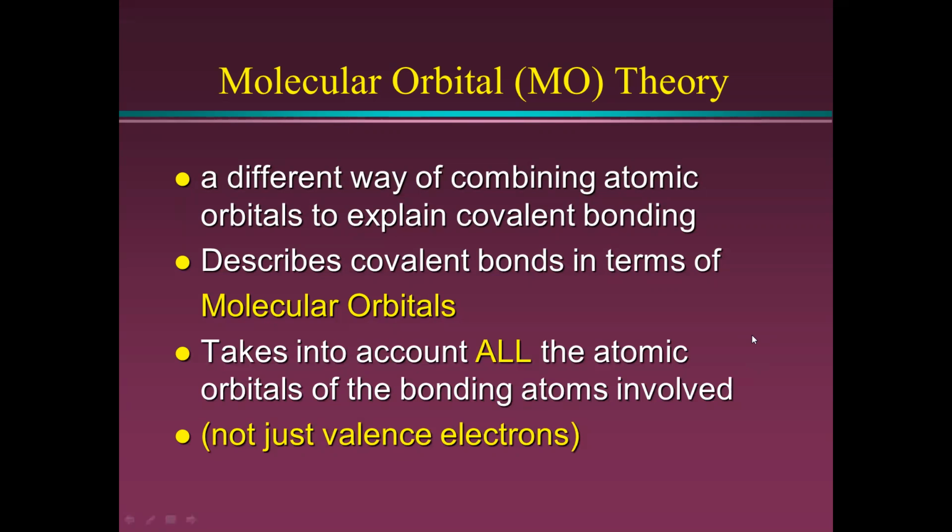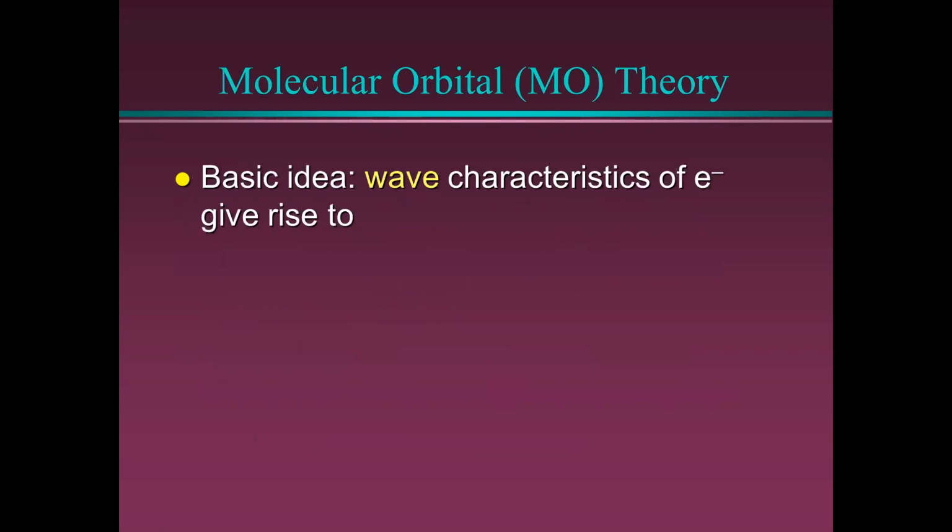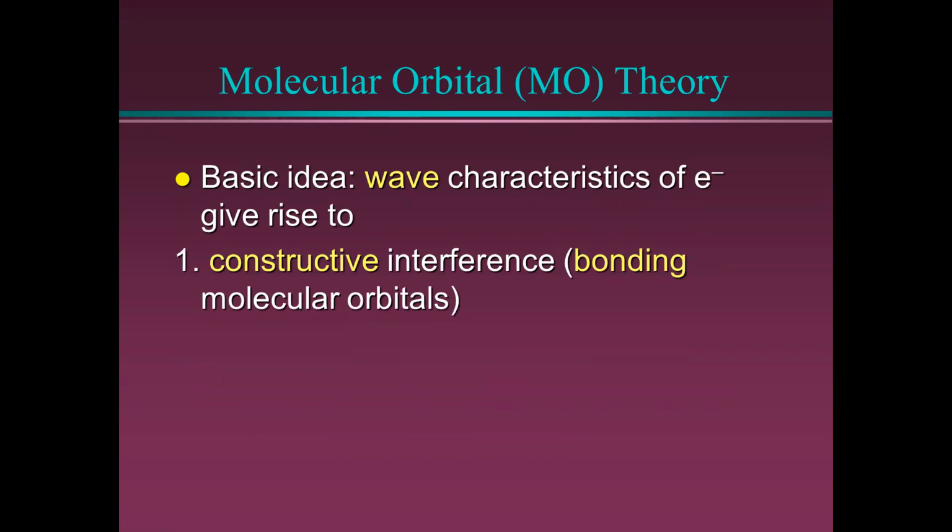So let's take a look at it. The basic idea for this molecular orbital theory is based on the wave characteristic of the electrons. We learned in chapter 7 that electromagnetic radiation is a kind of wave, and also that electrons are kind of waves. We also showed you how to calculate the wavelengths of the electrons based on their speed.